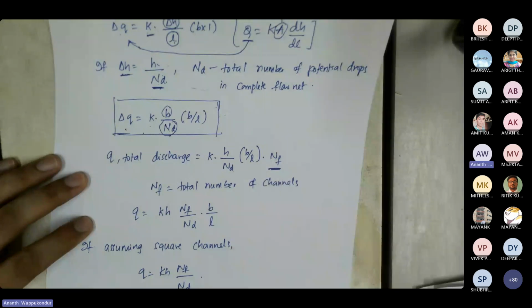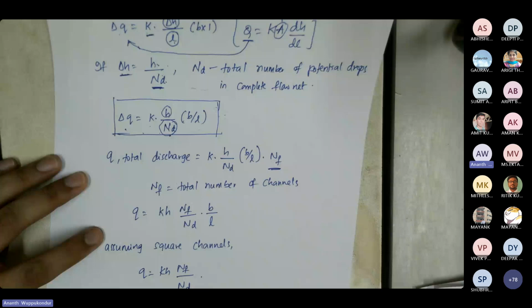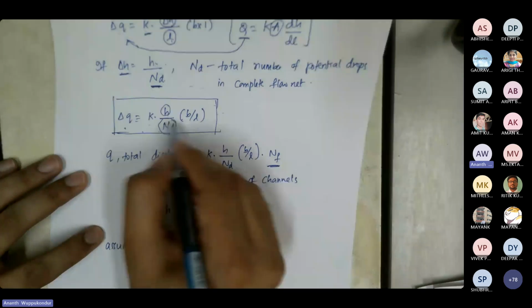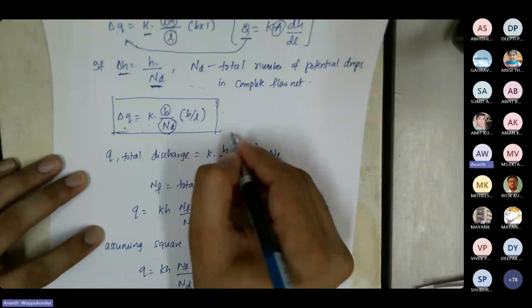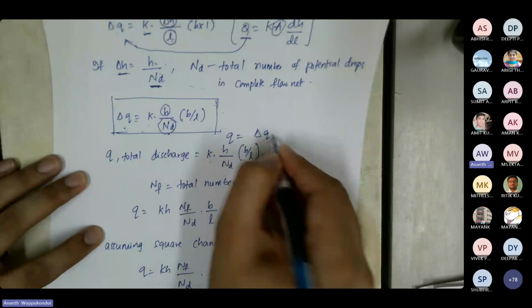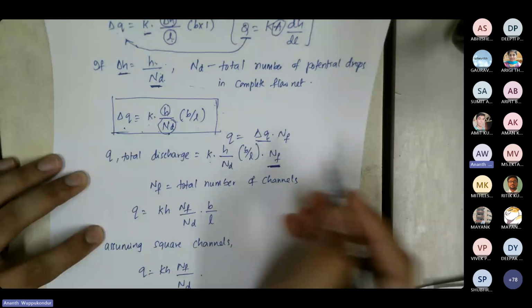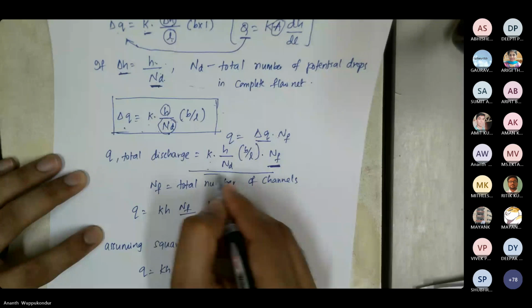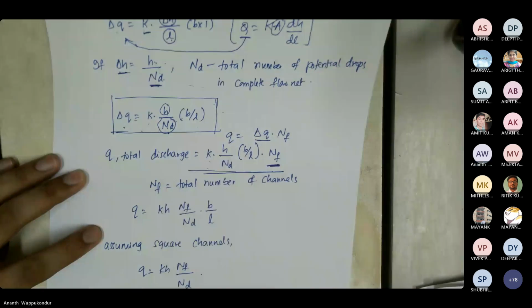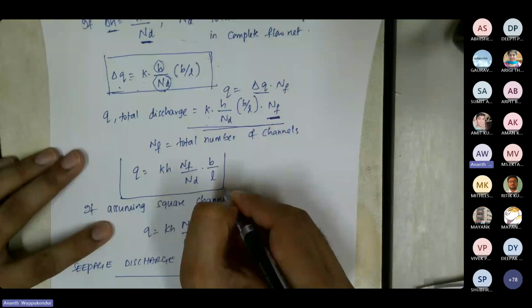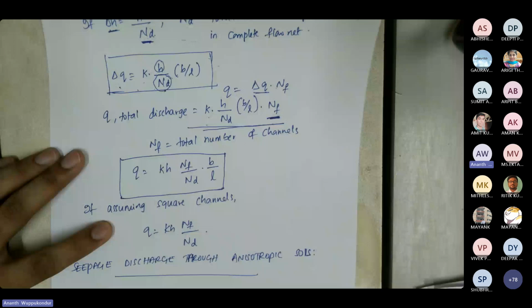The total discharge would be the above expression delta Q multiplied by NF. So the total discharge is delta Q multiplied by the number of channels NF. If you substitute for delta Q, the total discharge through the flow net is K H NF by ND multiplied by B by L.